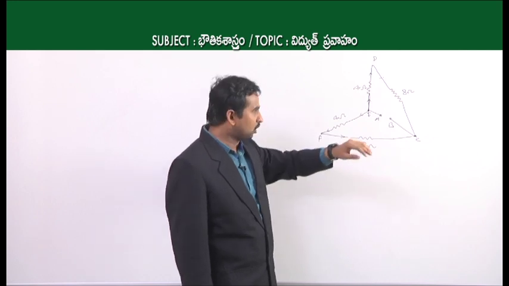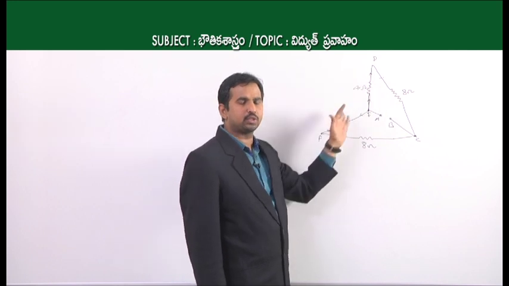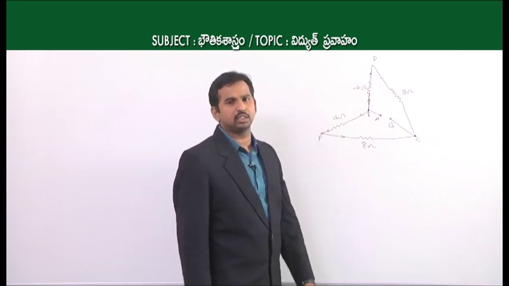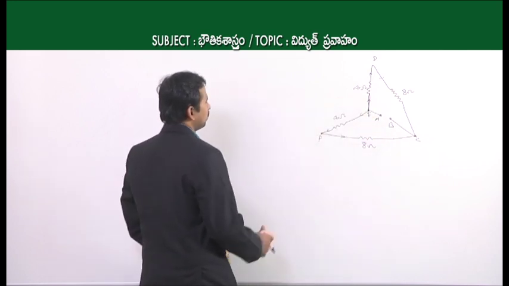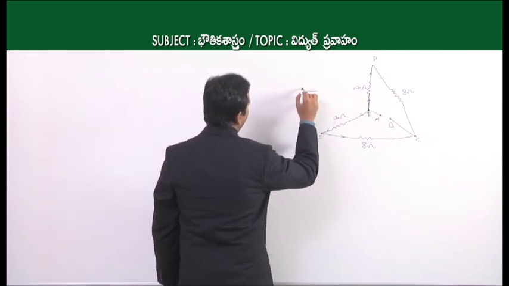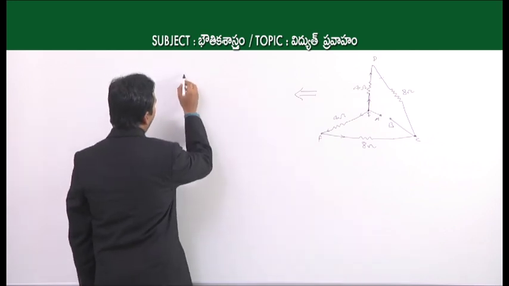Not only that, here the current is dividing, so this 4 ohms and this 4 ohms are connected in parallel, which means I can draw the same circuit like this. One 4 ohms and another 4 ohms connected in parallel.